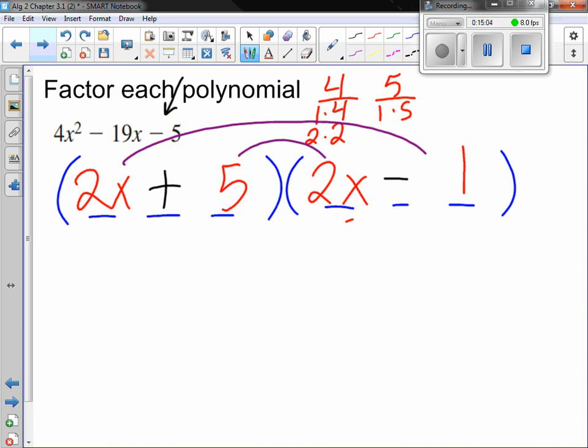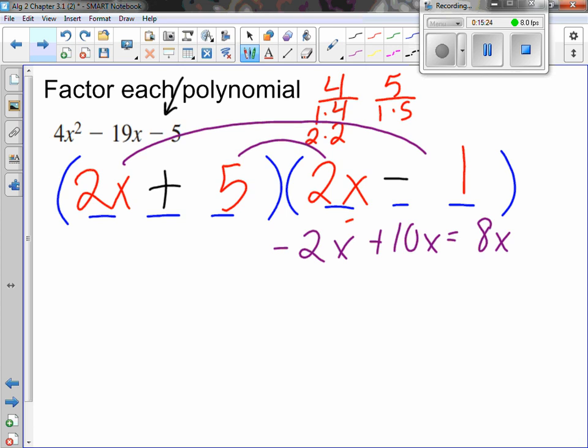2x times negative 1 is negative 2x. 5 times 2x is plus 10x, which gives us 8x. Is that what we wanted? No. Well, switching the 2's wouldn't do anything, would it? So I could switch 5 and 1.